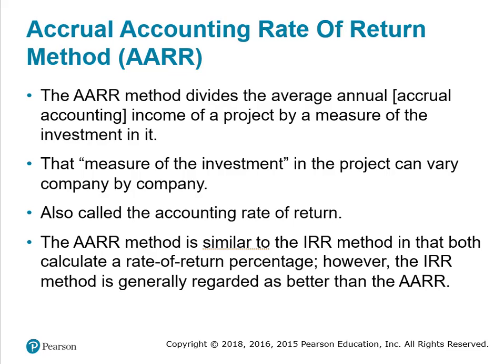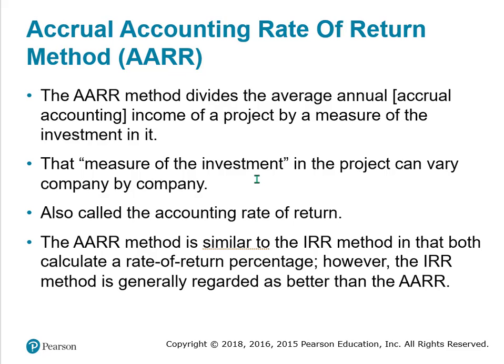Now the next method here is the accrual accounting rate of return, and this divides the average annual accrual accounting income of a project by a measure of the investment in it. The measure of the investment can differ by company. It just depends on the company and how they do it.